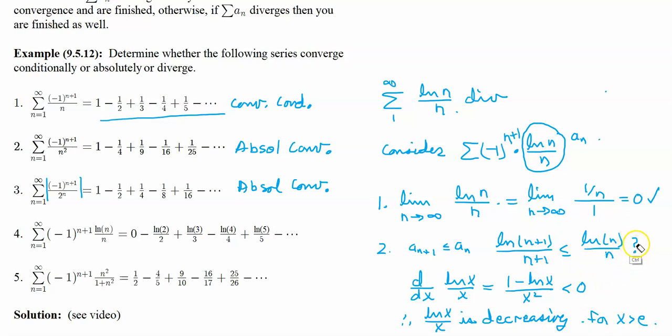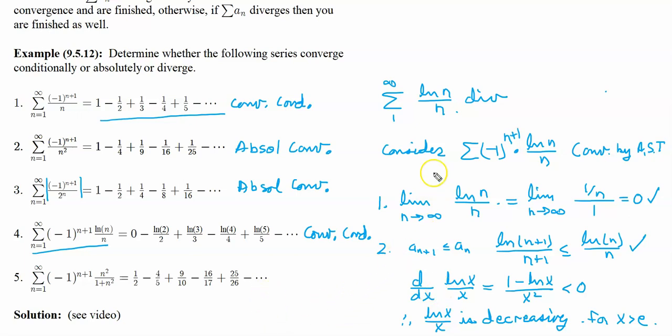So we can say right here, yes, that does hold, because this is a decreasing function, because the derivative is negative. So therefore, this does converge by the alternating series test. Okay, so we now have determined that this converges by the alternating series test. Therefore, this series converges conditionally. And there you go.